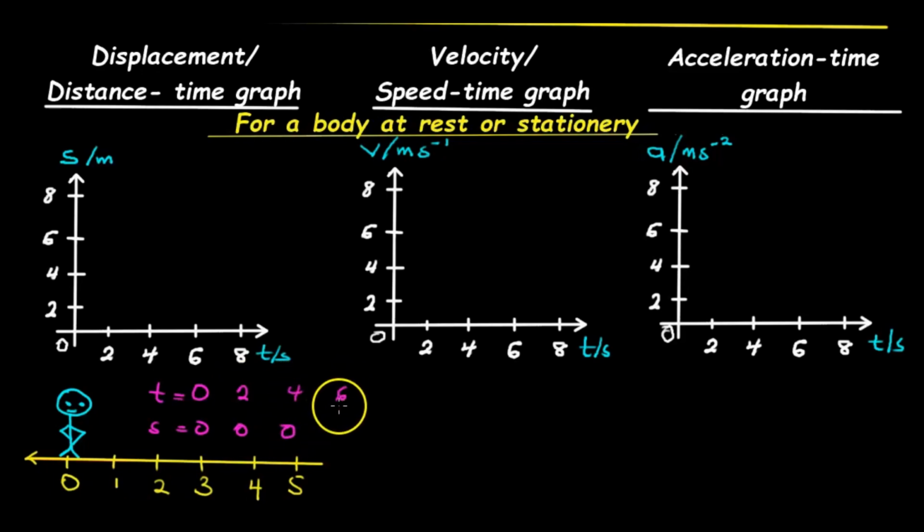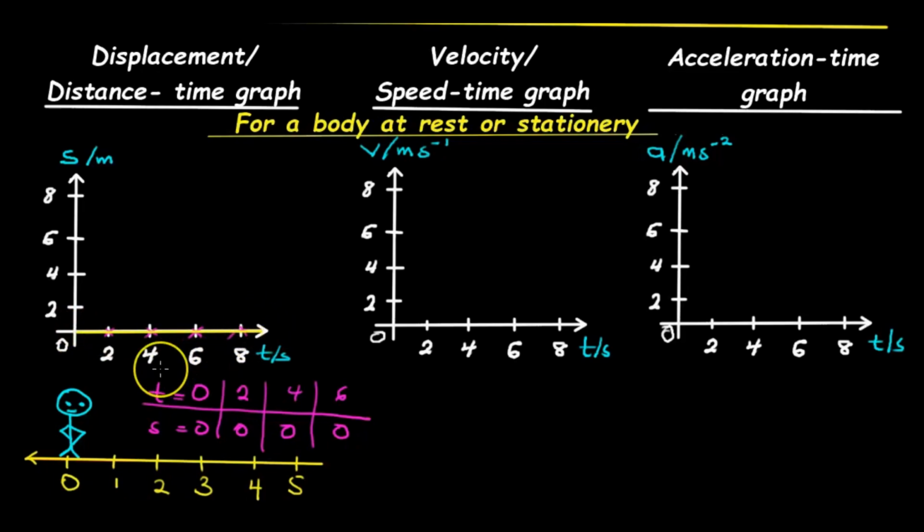Time equals 6, his displacement was 0. So if you try to plot a graph out of these, you get (0, 0), (2, 0), (4, 0), (6, 0), (8, 0) onwards. So you notice that your graph is going to be exactly on the horizontal axis.